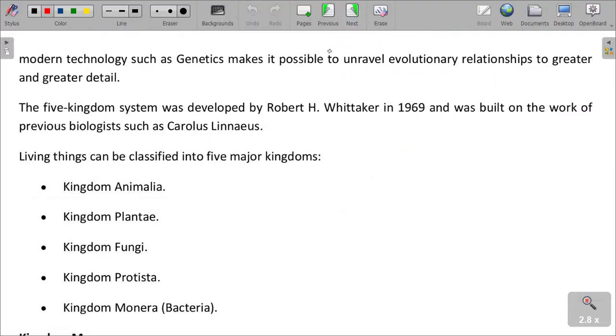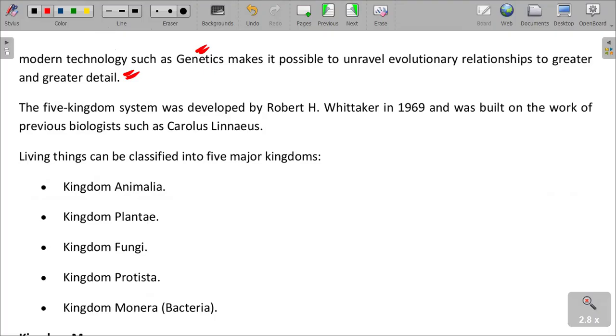Modern technology, such as genetics, makes it possible to unveil evolutionary relationships in greater and greater detail. I'm sure that if we are going to be together, we are going to enjoy genetics and evolution, which also makes a greater content in our matric examinations.